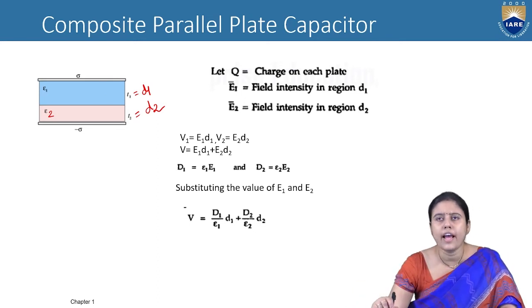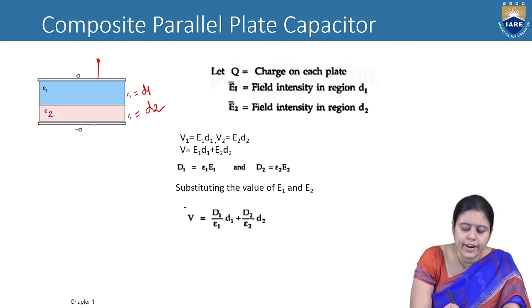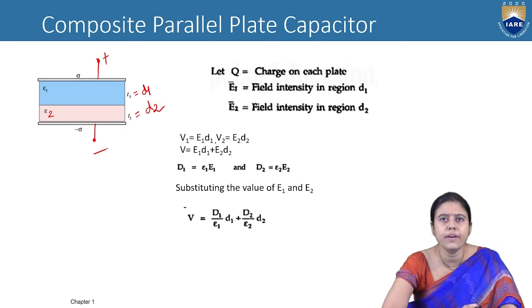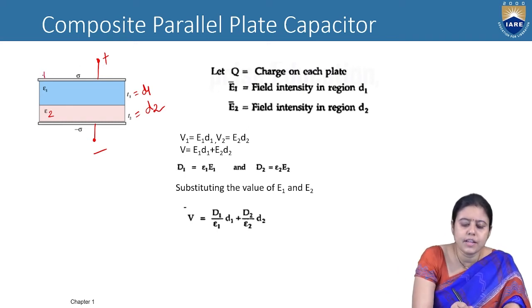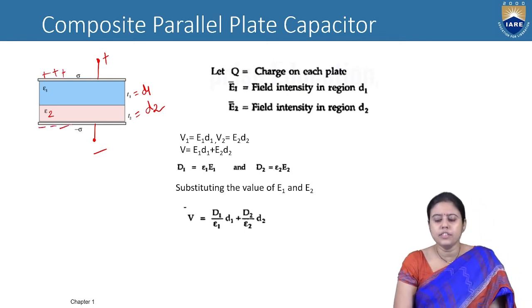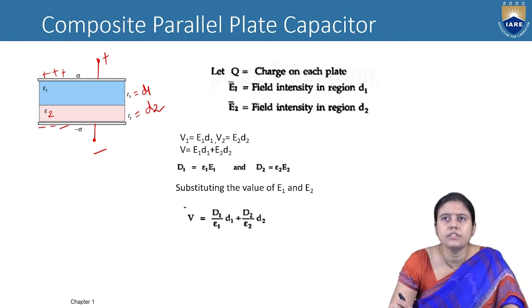Now say we are assuming the total charge, if we connect the parallel plate with a battery, what will happen? There will be the charge, and if this is the positive charge, it should be the negative charge in the opposite side. And we are assuming that the Q is the charge on each plate.